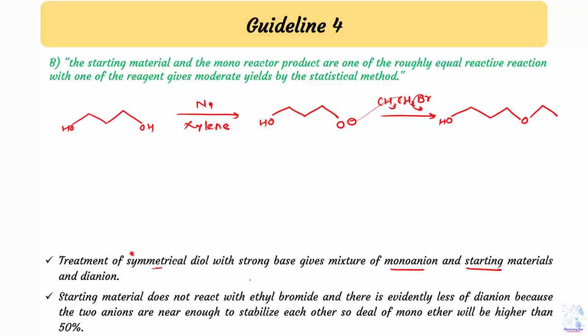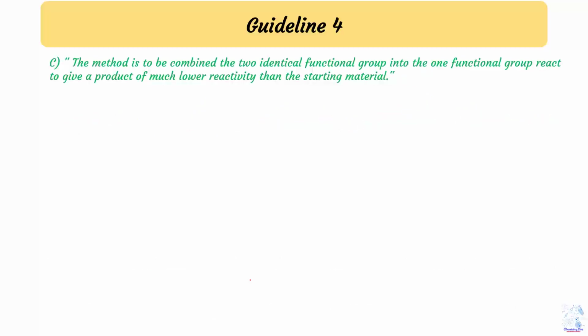Now I would like to switch to the last portion of guideline 4, where the method is to combine identical functional groups so that one functional group reacts to give a product of much lower reactivity than the starting material. Here I have something to show you.